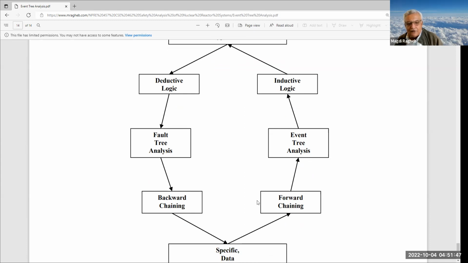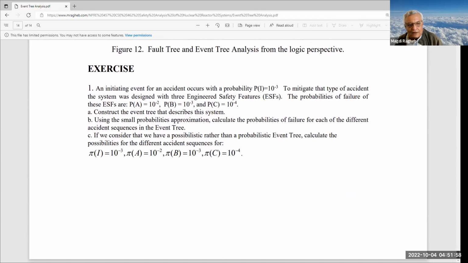If you use inductive logic, you start from the bottom, the specific data, you do forward chaining, you use event tree analysis, inductive logic, and in fact, we combine both of them, and I'm giving you an exercise to plug in some numbers yourself to see how much fun it is to build event trees and a combination of event trees and fault trees.